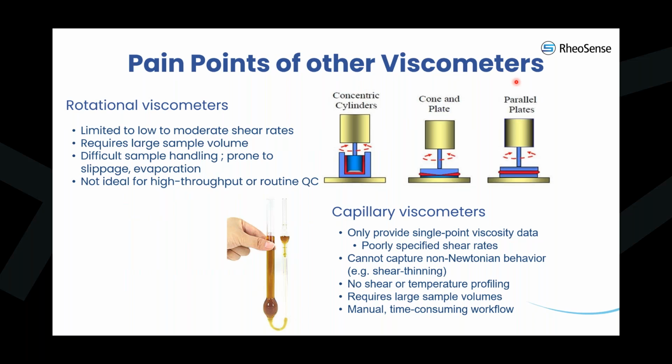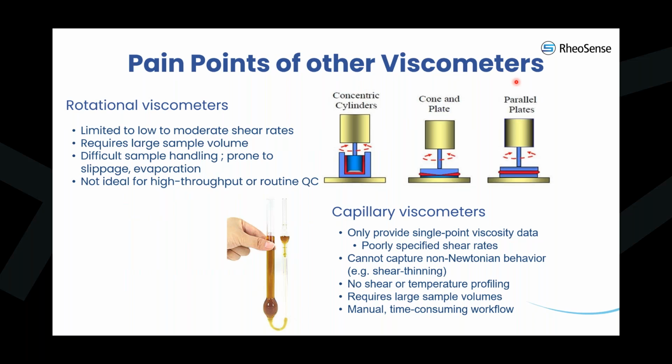Capillary viscometers are another common option, but they come with their own limitations. First, they only give you a single point viscosity value, which means you do not get any information about how the sample behaves at different shear rates. In fact, in these instruments, the shear rate is not clearly specified, and they are not based on first principles.